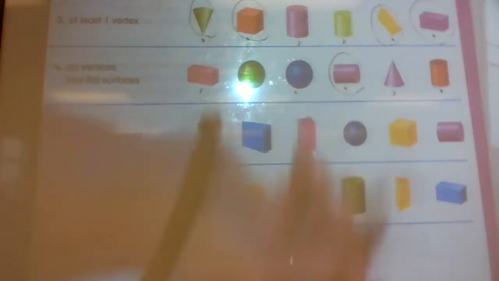So look at the ones we put the dot on that say yes. Choose the ones that fit the second clue. It has flat surfaces, and circle the answers. All right, you should have circled cylinder here and cylinder here. Those both have flat surfaces. A sphere does not.